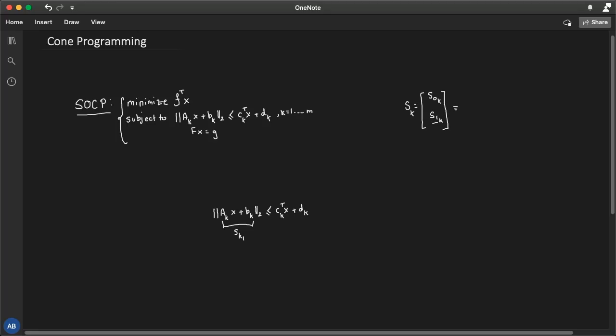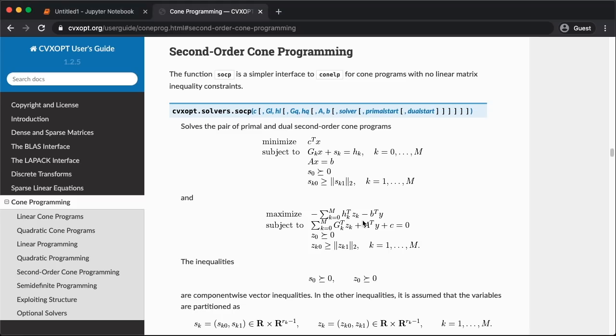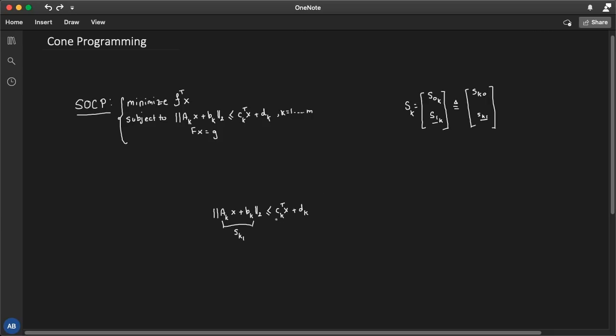Just for notation's sake, I'm going to be referring to s_0k as s_k0, same thing, and s_1k as s_k1. We're not going to confuse the indices here, so we can use them interchangeably. Right, so now, since this is the s_k1, right, then we're left with s_k0. So now, we're obliged to pick this guy as s_k0.